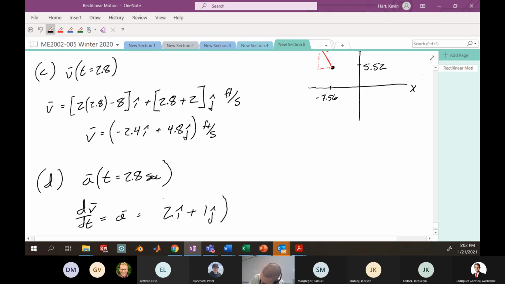So that's pretty simple. Feet per second squared. If I wanted to indicate this on my figure, maybe draw myself an acceleration vector. How is the velocity of this thing changing? 2i, 1j. 2i, half that amount in j. Maybe this would be a good approximation to the acceleration vector on that guy.